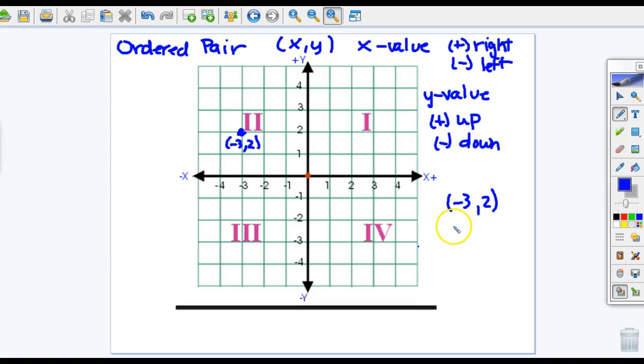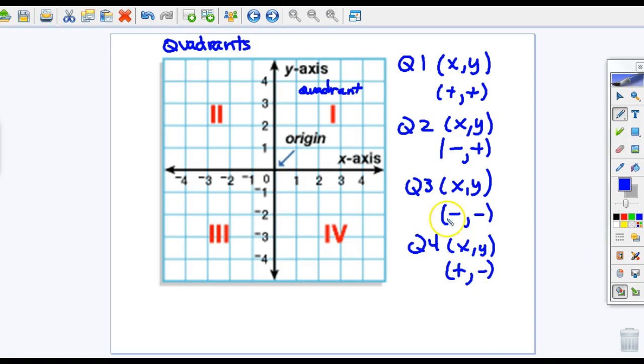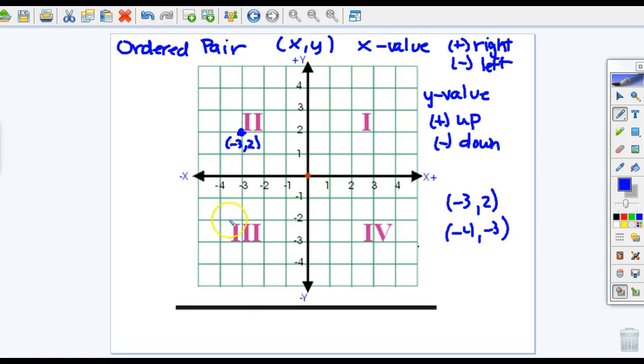Let's try one more. So I have a negative 4 and a negative 3. Now if I go back up here and I have a negative negative, it tells me it's going to end up in quadrant 3, so probably around here. So from my point of origin, I'm going to go left 4, negative 4, and then down 3, negative 3, 1, 2, 3.